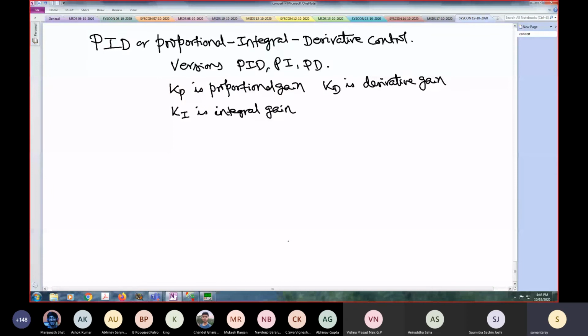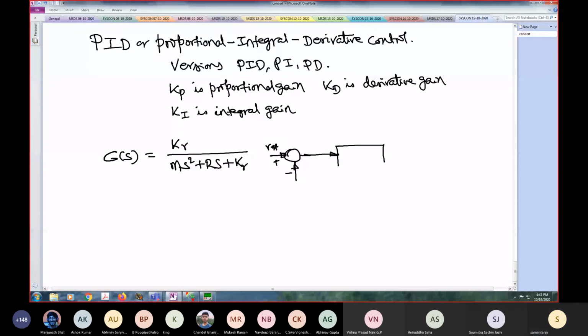Our G(s) was KR by Ms squared plus Rs plus KR. This PID will be put again in the forward loop, with reference plus minus. It will not work in the feedback loop. Here is PID.